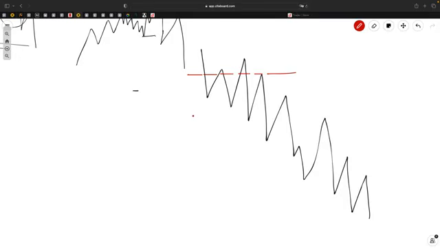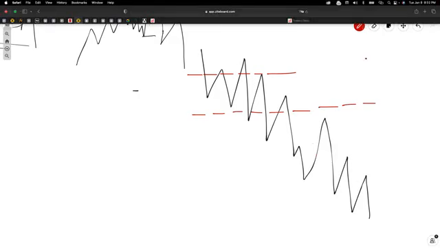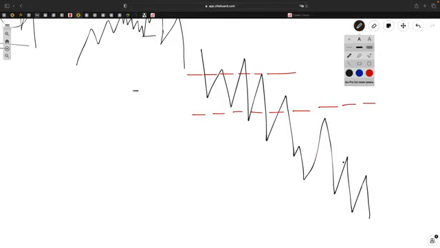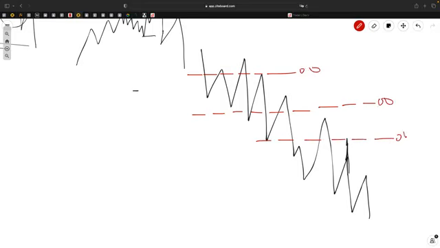Come here, a round number right here. Then we have a round number coming. You have a round number right here. The same round number, double zeros. And you have another one right here.